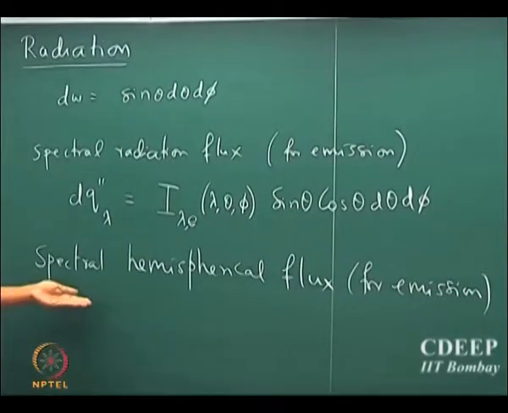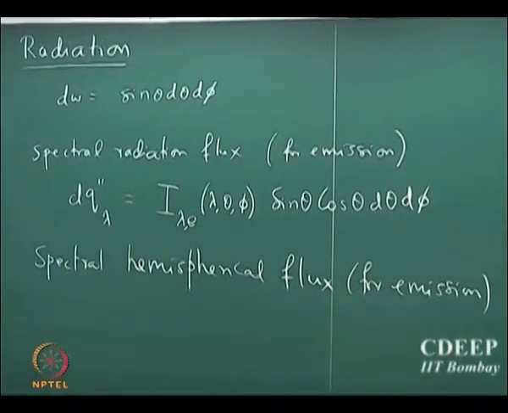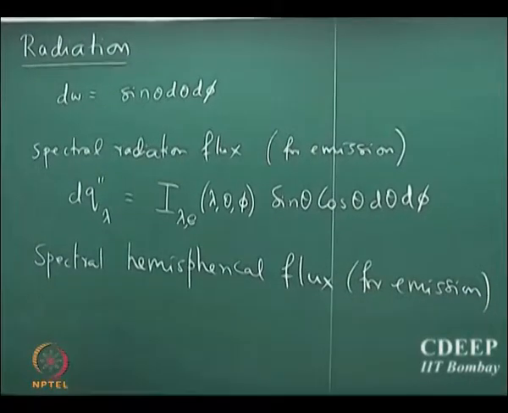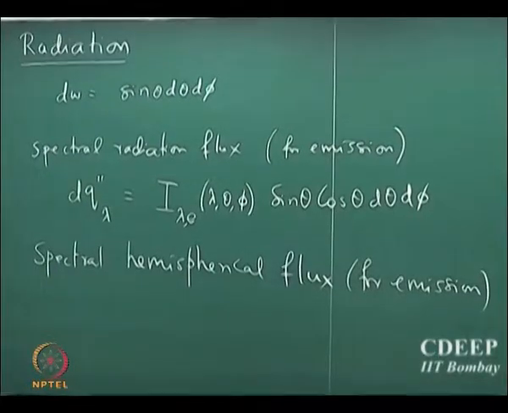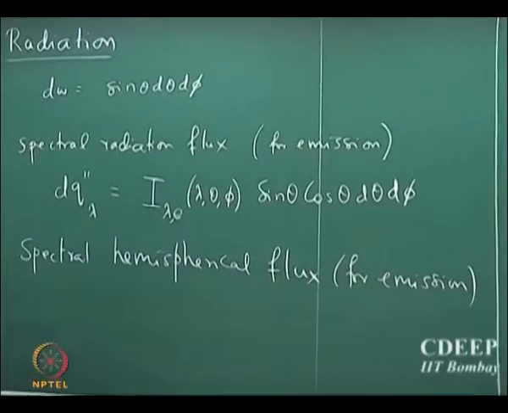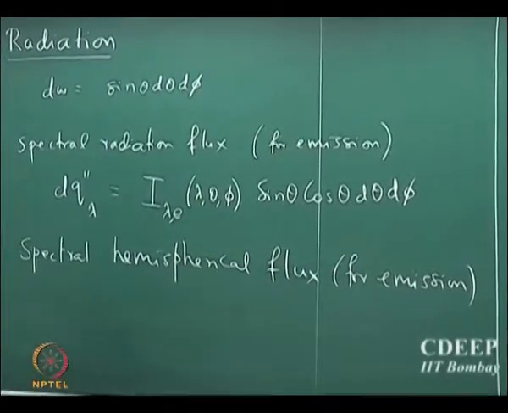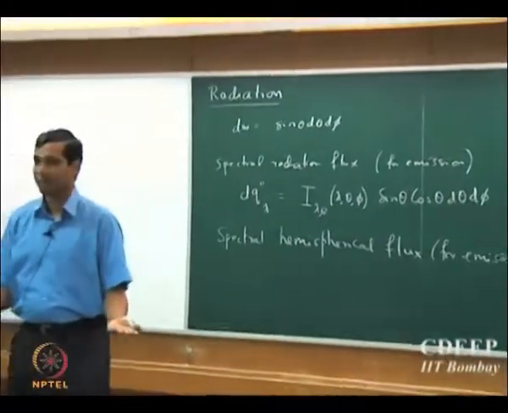Now, what it means is, remember that in conduction we said when you average over a certain dimension, it is called lumping, right. So, here theta and phi are basically the angular directions in spherical coordinates, right. So, spectral hemispherical flux is essentially averaging over the two dimensions. So, this basically tells you what is the total emission that comes out of that surface summed over all directions, okay, at a given wavelength.